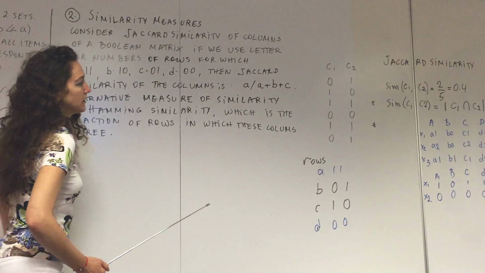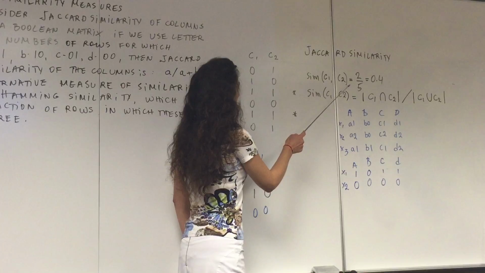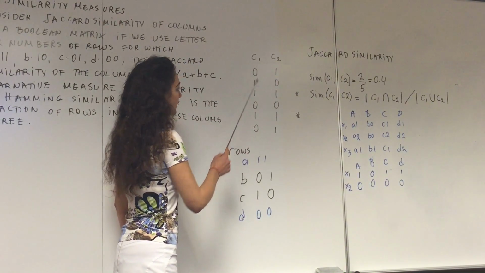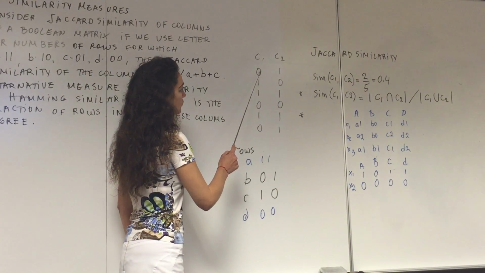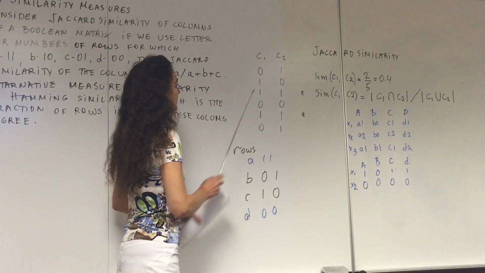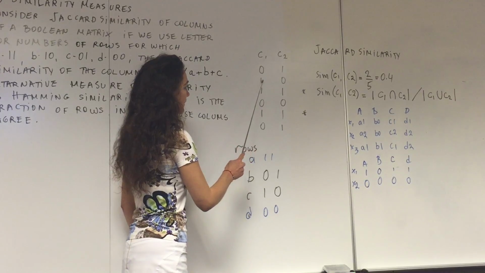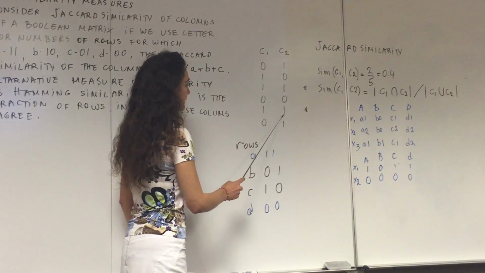So what that means is what we have seen here. There are two columns. We look at each row. These two rows are different. The numbers are different here. The numbers are different here. The numbers are the same here. The numbers are the same here. The numbers are the same here.